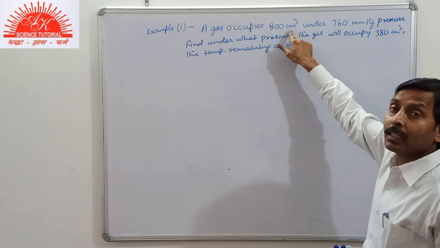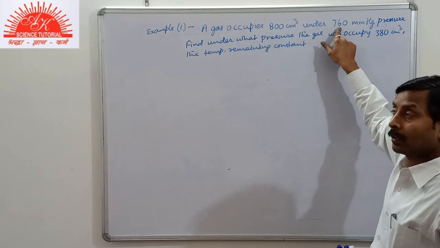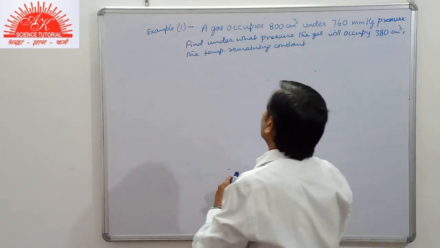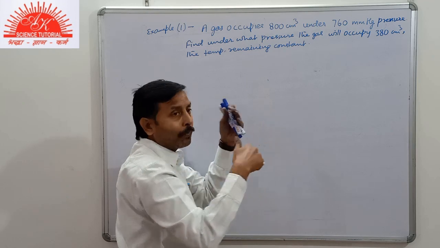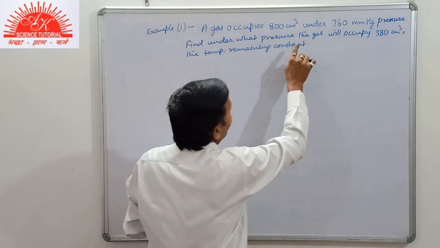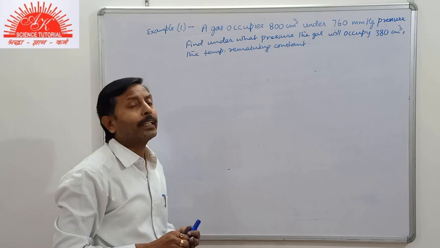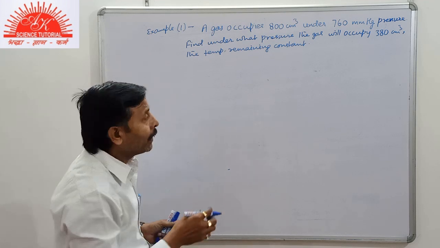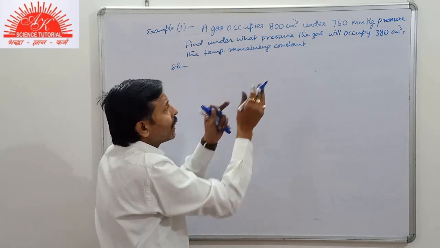Means this is the initial volume given and this was the pressure. Question is given that find under what pressure. Under what pressure means we have to find out the next pressure at which the gas will occupy 380 cubic centimeter. Means when you will solve the question, you will write this data.